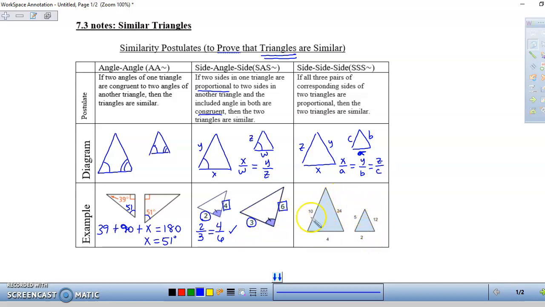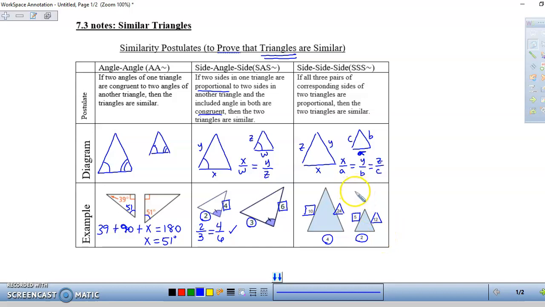Last one here, we have 3 sides labeled, so you're going to check for side, side, side. Just like we did before, smallest side here is 4, smallest side here is 2, so those go together. Medium side is 10, medium side is 5, and then the biggest side is 24, and the biggest side here is 12.